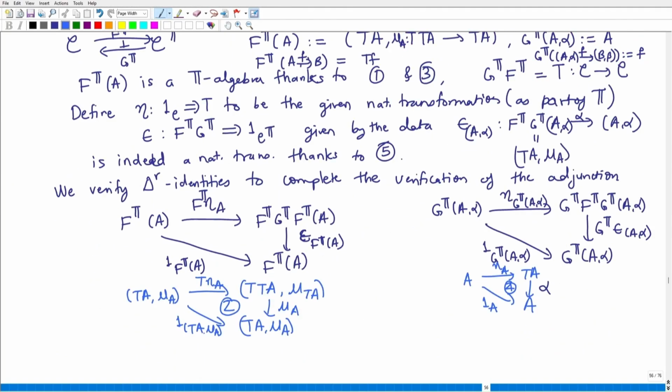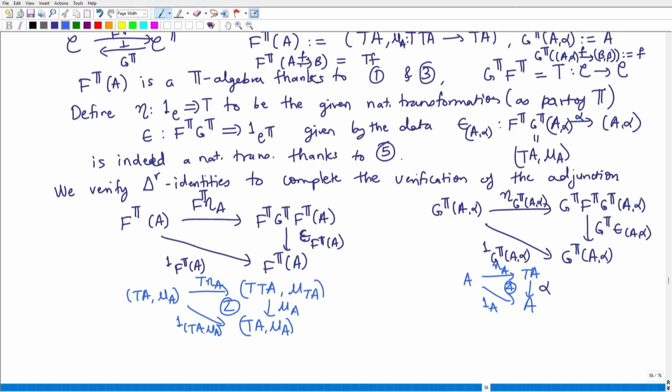So this is 2 and the other one is 4, and therefore everything works. So triangular identity verification tells us that this is actually an adjunction. If you are still confused, how did diagram 2 come into the picture? Because diagram 2 is precisely TA.